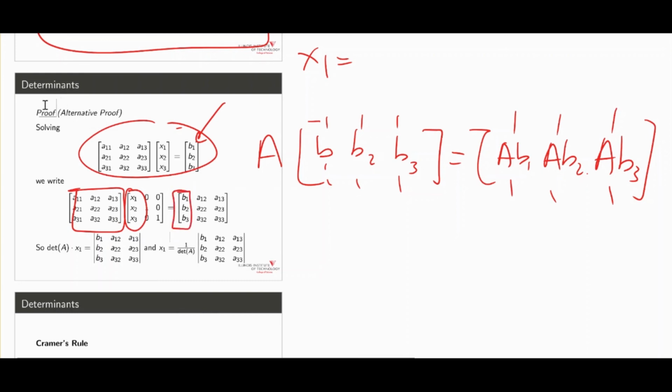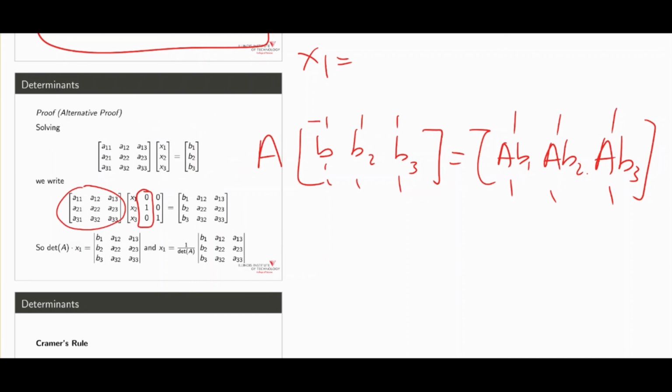And we also know from the properties of matrix multiplication, when you multiply by this matrix, we don't do row operations now, we do column operations. This means 0 of this column plus 1 of this column and then plus 0 of this column. That's the reason why you have this.